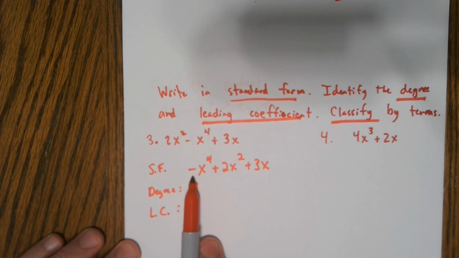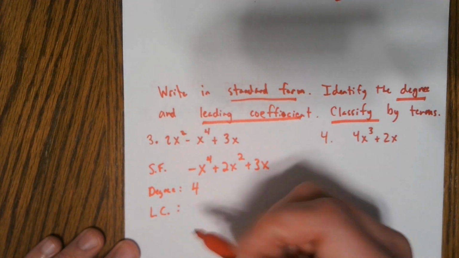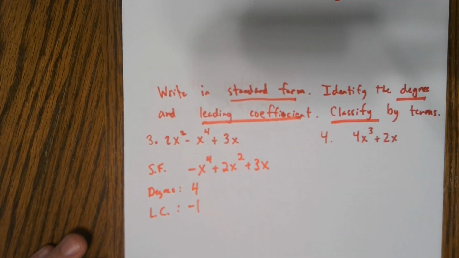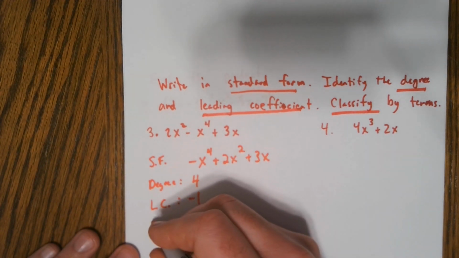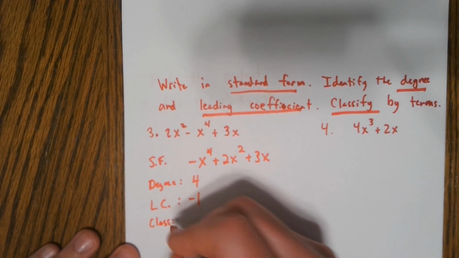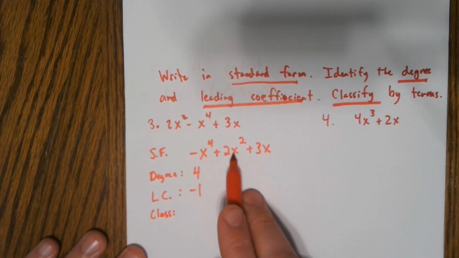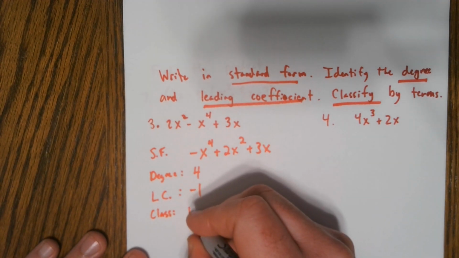So the number right here, and it's invisible, but it's there, we have a leading coefficient of negative 1. And then lastly, whenever we classify it, all we're doing is we're either saying monomial, binomial, trinomial, what is it? Since we have 3 terms, it is a trinomial.